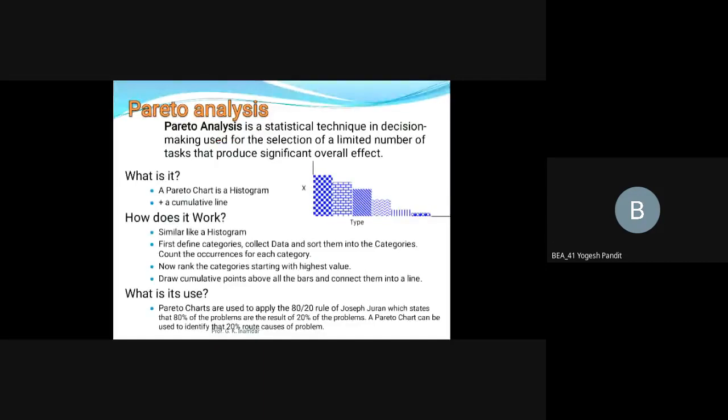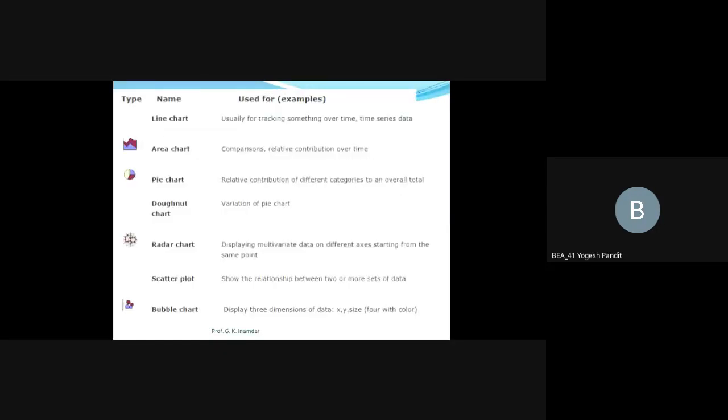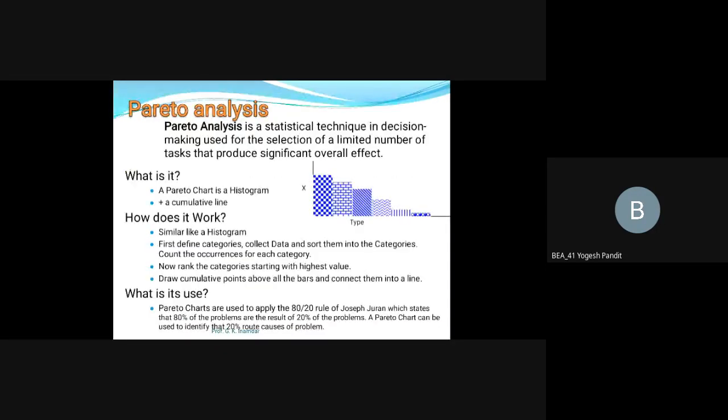And next is the Pareto analysis. Pareto analysis is a statistical technique in decision making used for the selection of a limited number of tasks that produce a significant overall effect. Okay, this is like a histogram also. A Pareto chart is a histogram with a cumulative line, so in terms of cumulative data we can use that also.